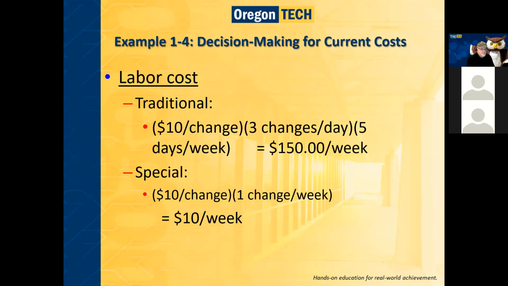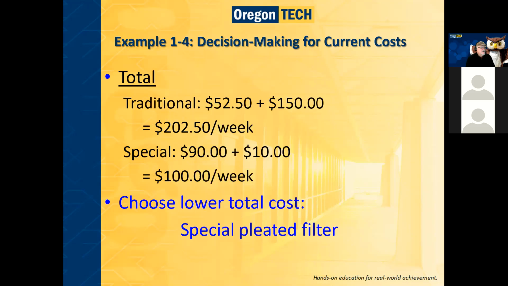So, when you add it up, the traditional method is that materials we just calculated from $52.50 plus the $150 of labor, $202.50 a week versus a $90 filter plus only $10 in labor, $100 a week. So the lower cost alternative is the brand new special filter.